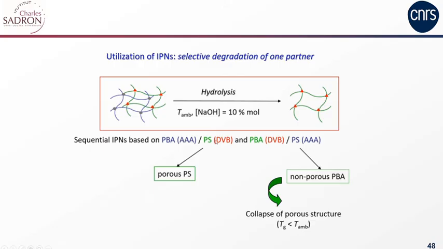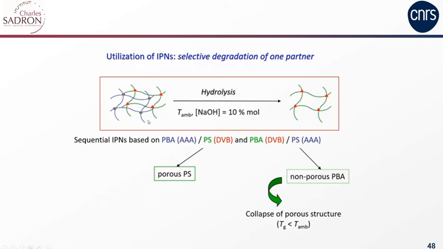And here what was interesting is that the crosslinks, shown in blue and red, have a different functionality. In blue, they are labile. It means that they can be cleaved, they can be degraded by hydrolysis. And in red, they are stable, like divinylbenzene. You cannot degrade them in any conditions.